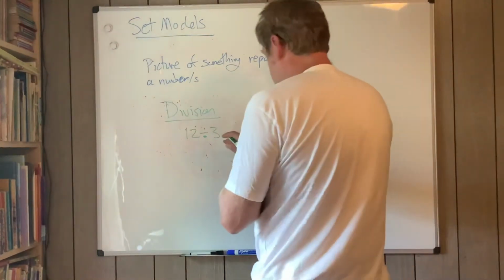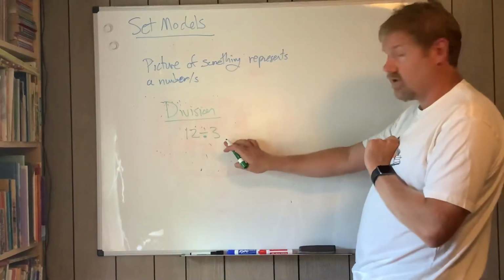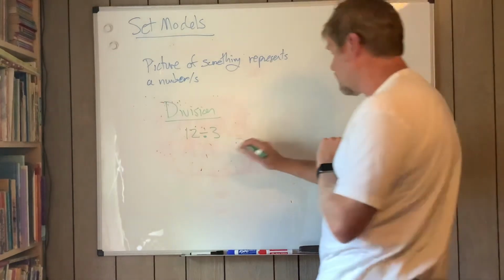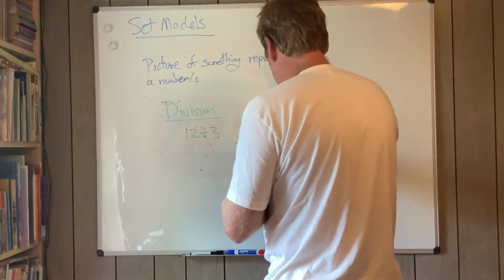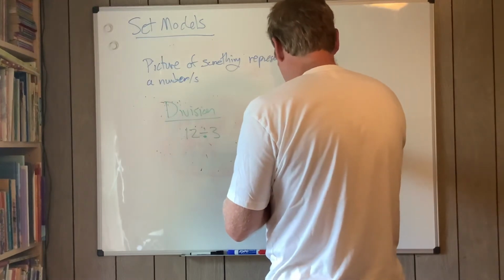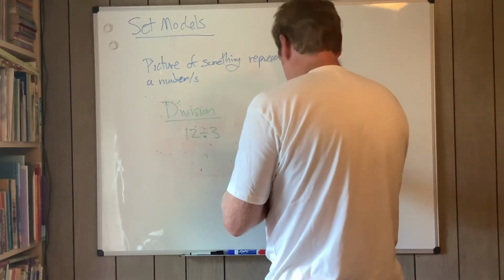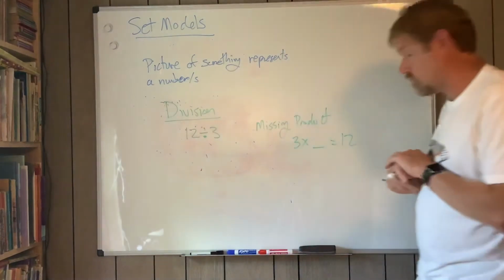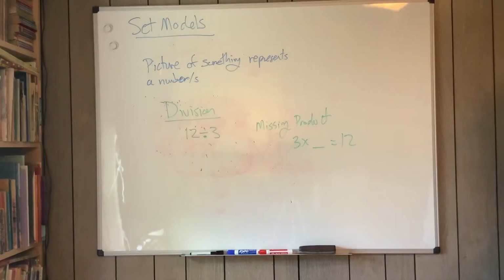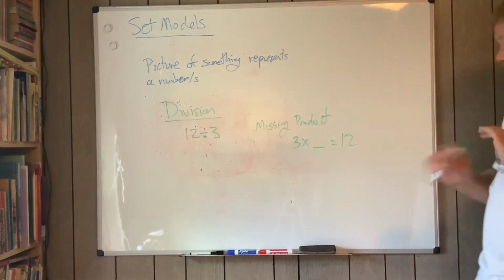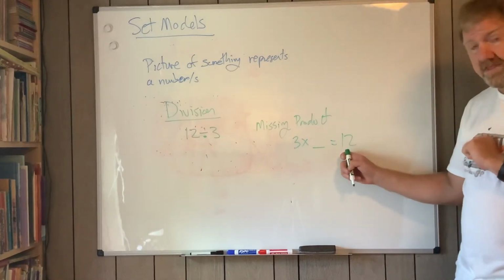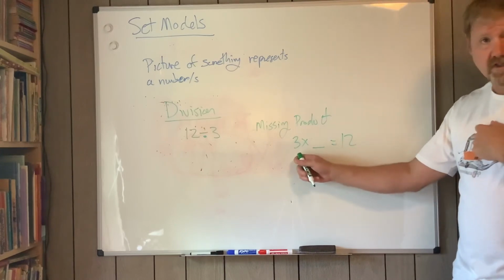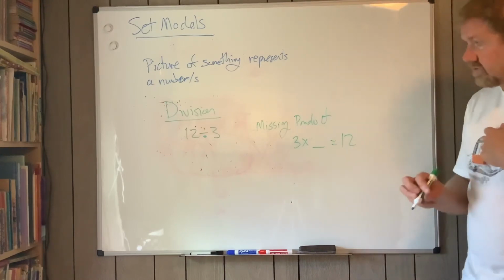One of the earliest things that we think about with division is the missing product, which would be 3 times blank is 12. Okay, and so what we're going to do is we'll do 12 things. I'll do stars again. We'll do 3 groups of them, and ask how many things are in each group.